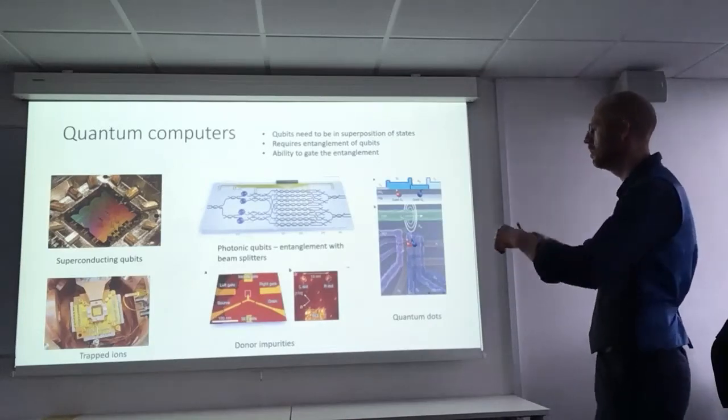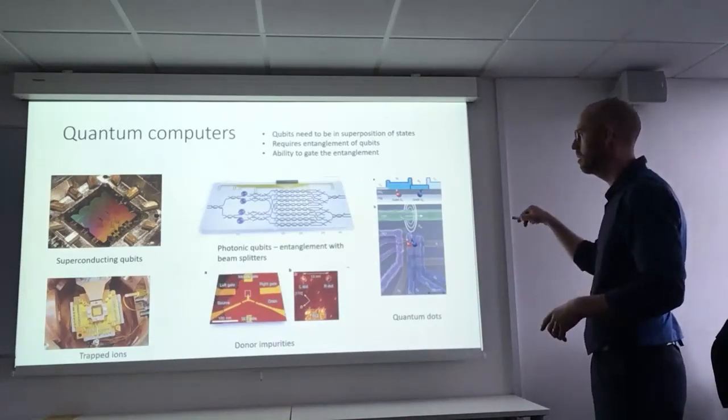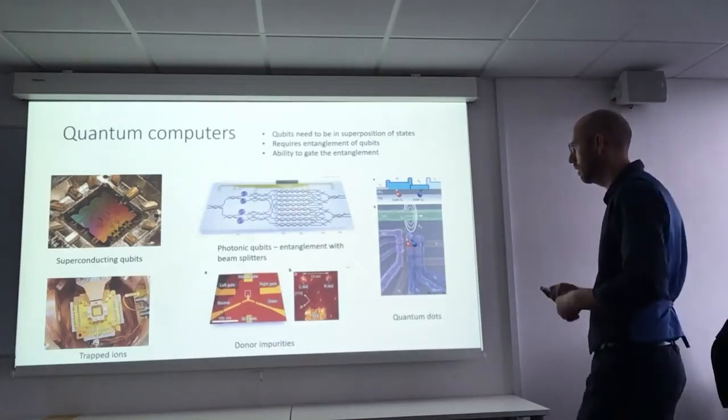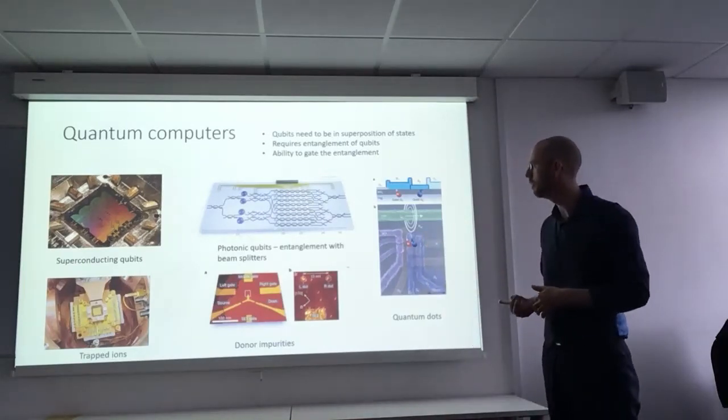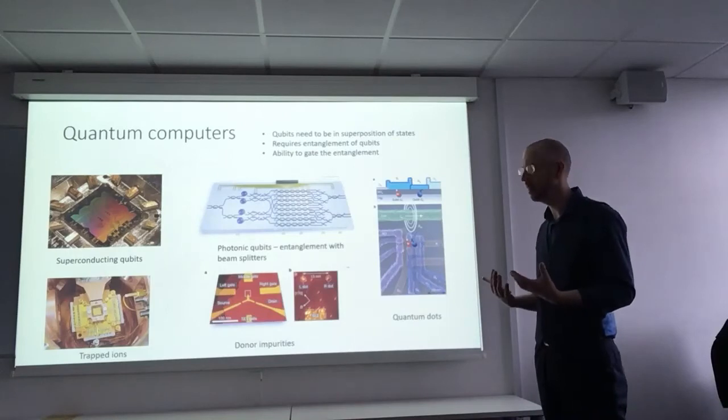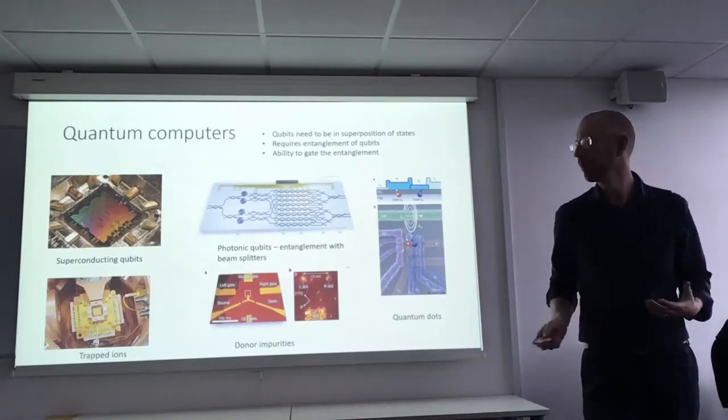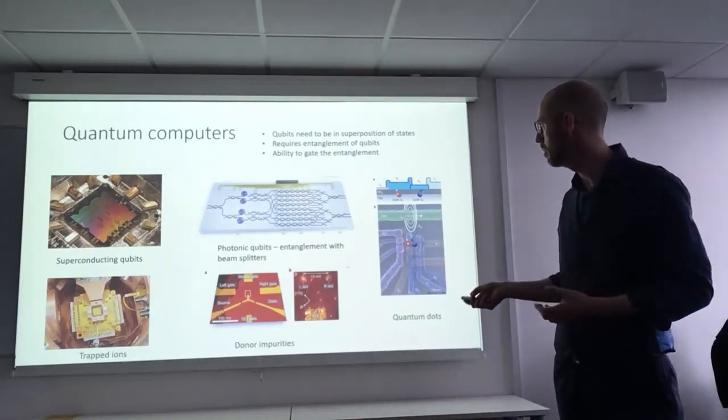And then you can build up a more complicated system of beam splitters and channels of the connections between them, and you can build up, in theory, a complex quantum computer.